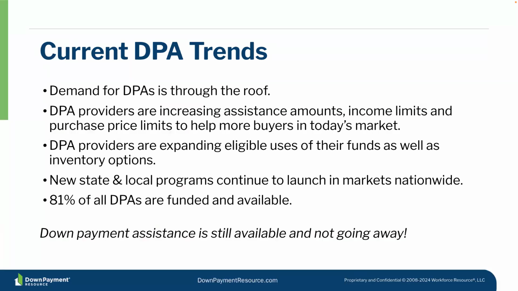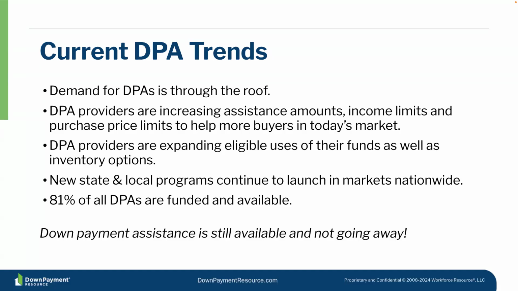So let's talk about some trends that we're seeing with down payment assistance programs, and then we'll get into rethinking our perceptions. We see that demand remains through the roof. Providers are continuously increasing assistance amounts, income limits, and purchase price limits to help more buyers in today's market. Providers are also expanding eligible uses of their funds as well as inventory options.